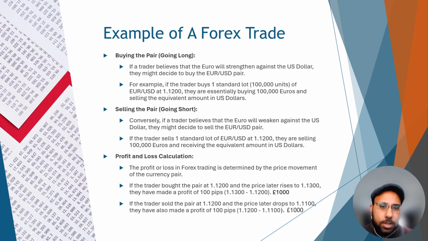Let's say you go long and the current rate for the pair is 1.1200. Remember, when we talk about a pip, it is the fourth decimal point that we will be keeping an eye on. So you're essentially buying 100,000 euros and selling the equivalent amount of US dollars.